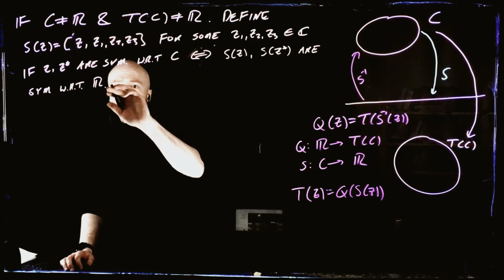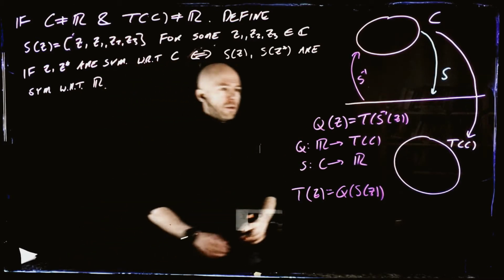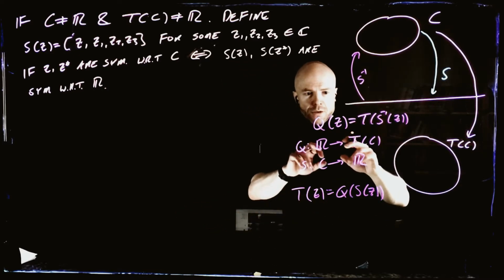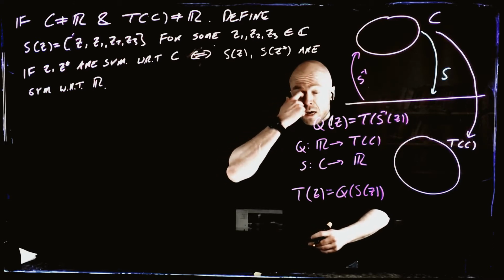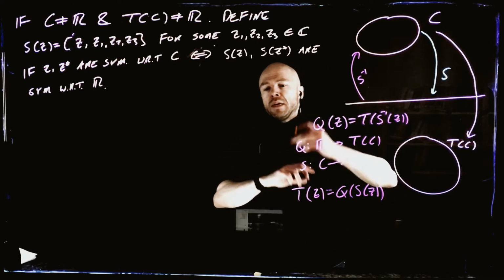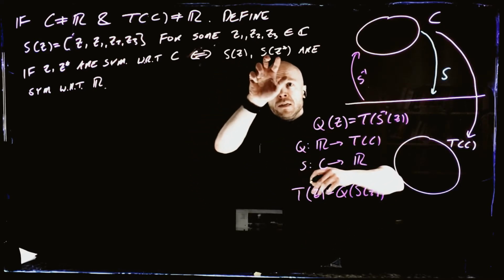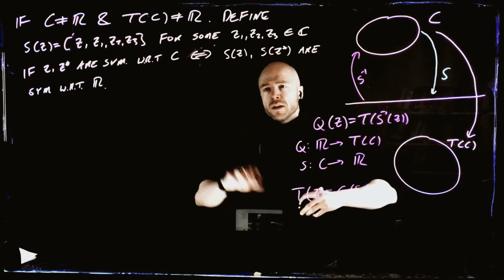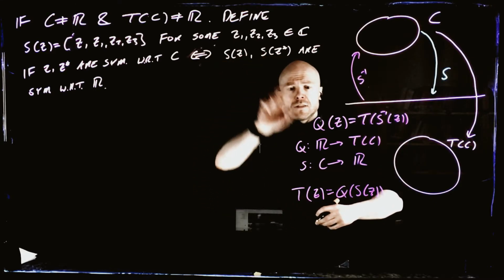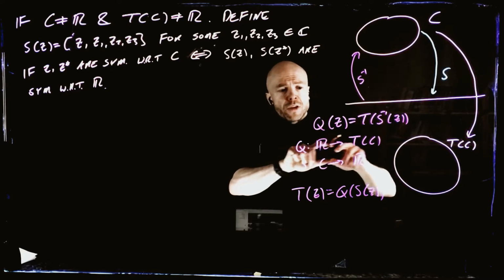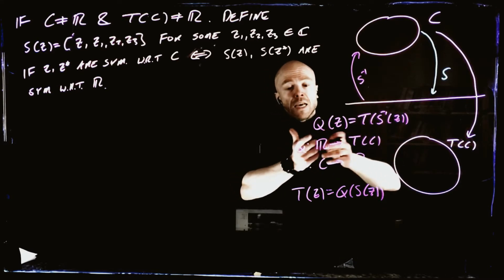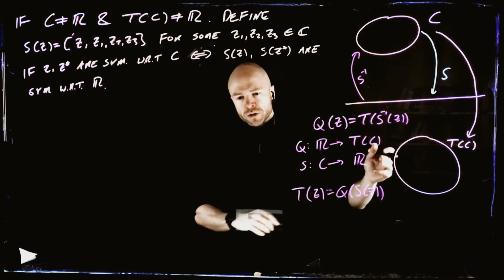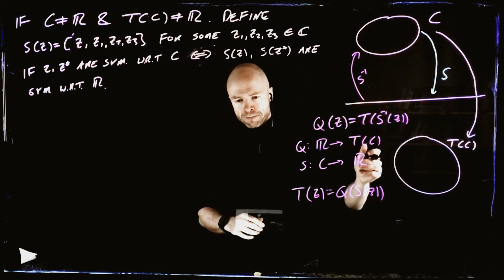And if we look at this mapping Q, since S of Z and S of Z star are symmetric with respect to R, if we map these with Q, then the images of S of Z and S of Z star have to be symmetric with respect to T of C, because Q is mapping from R to T of C, and that's the case where we've already established the symmetry is true. Yeah?